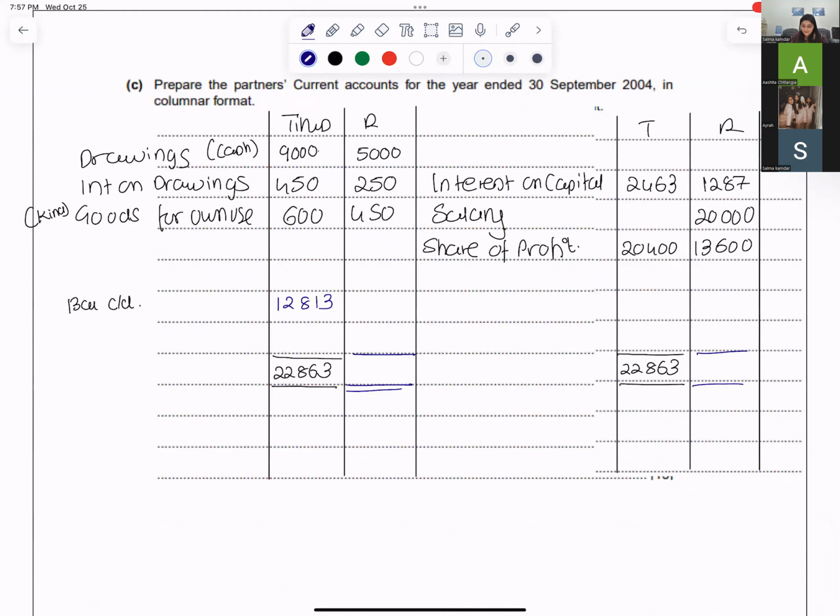So what's the total? 34,887. From 34,887 deduct 5,000, 250 and 450.